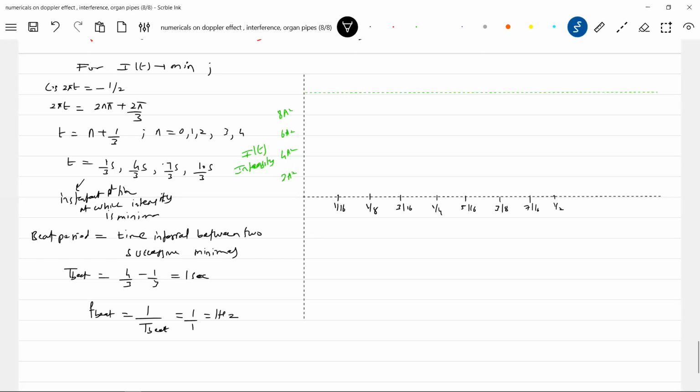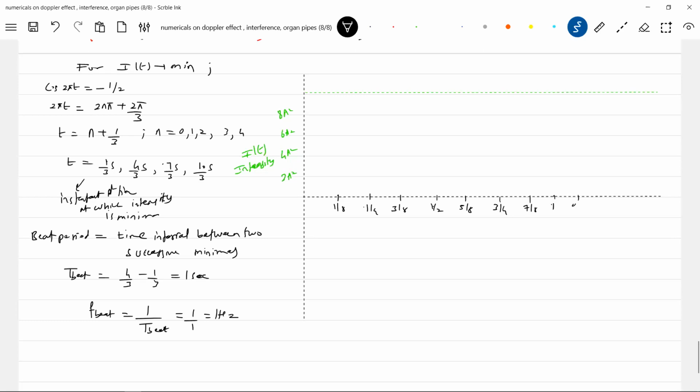If I take 1 by 8, 1 by 8, 1 by 4, 3 by 8, 4 by 8, 5 by 8, 6 by 8, 7 by 8, 1. This will be very lengthy. Let me go for 1 by 8 only. 1 by 8, 2 by 8, 1 by 4, 3 by 8, 1 by 2, 5 by 8, 6 by 8, 3 by 4, 7 by 8.